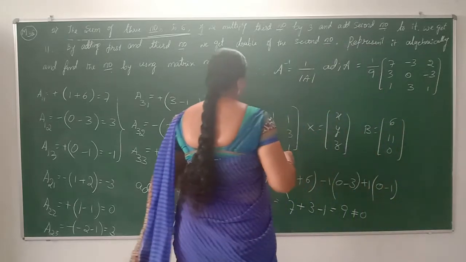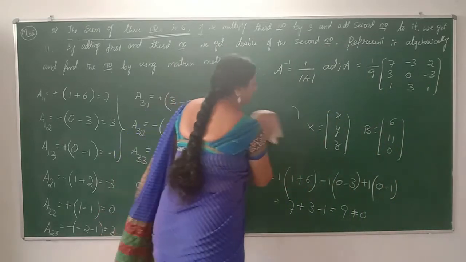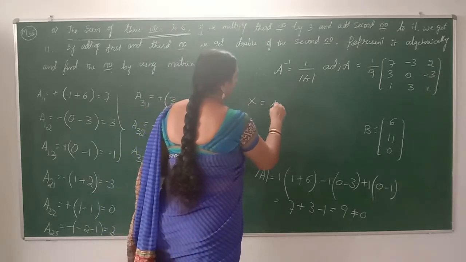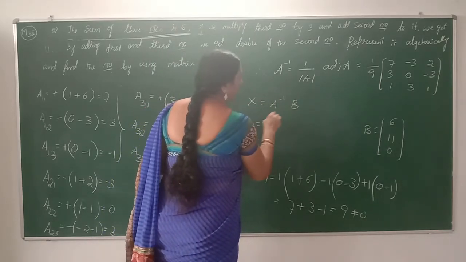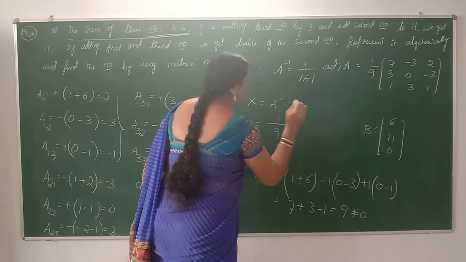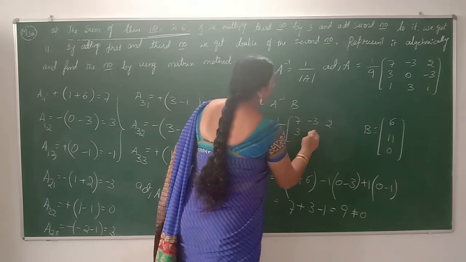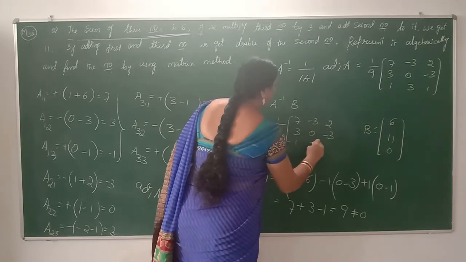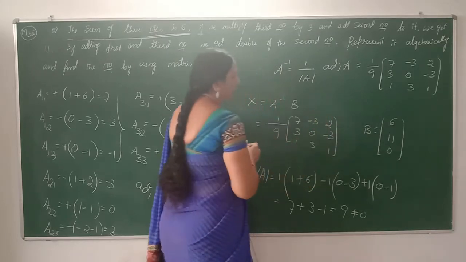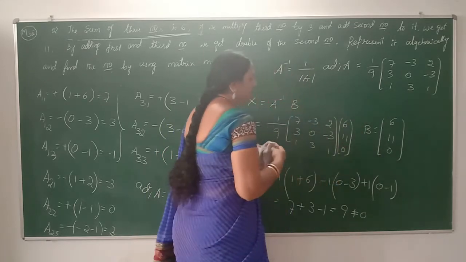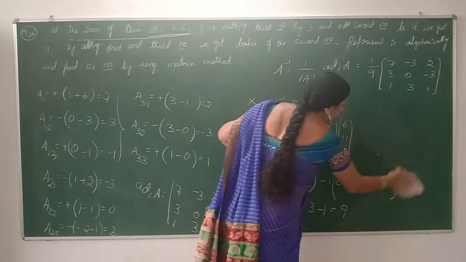This will be the inverse of that matrix. After that, using the solution X, where X is nothing but A inverse into B, where A inverse is 1 by 9 of that matrix, into B, which is nothing but 6, 11, 0.